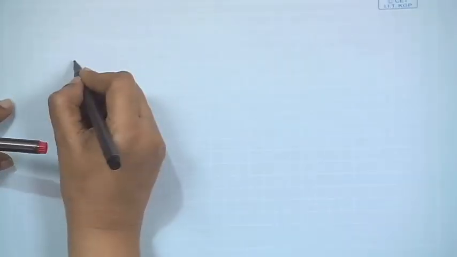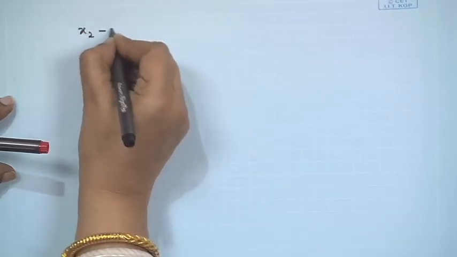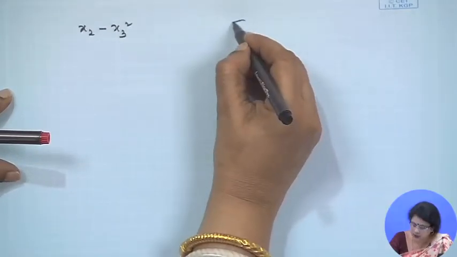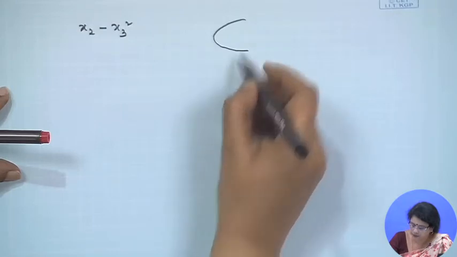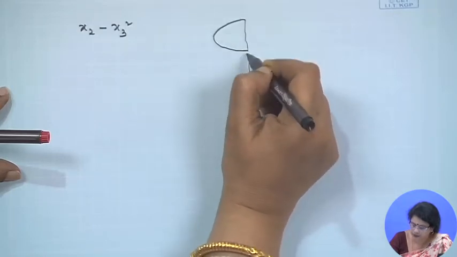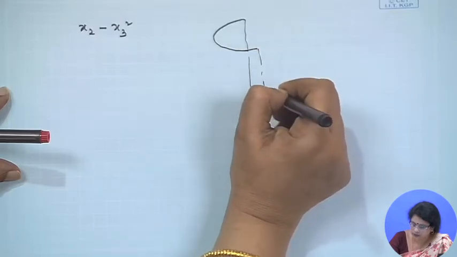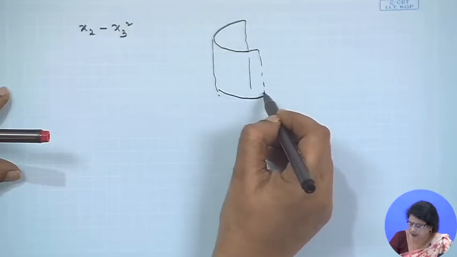Say we have 3 coordinate axes. One function is x2 minus x3 squared. How does it look? It looks like this, because this is a surface for us.